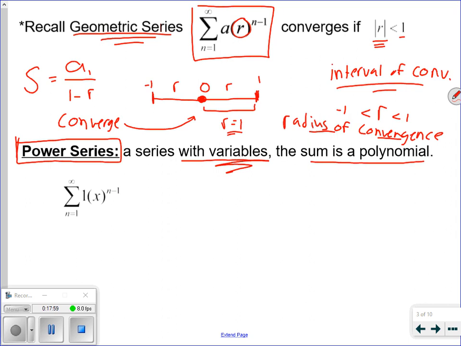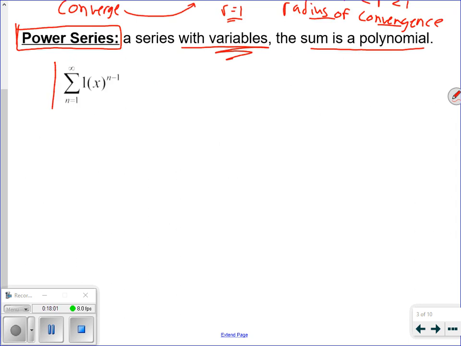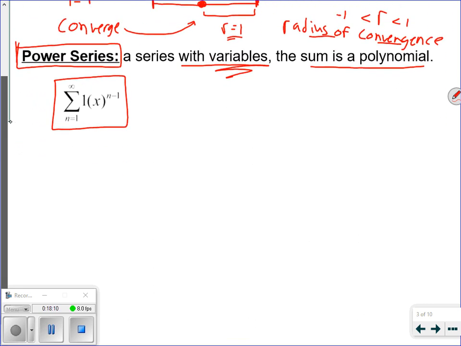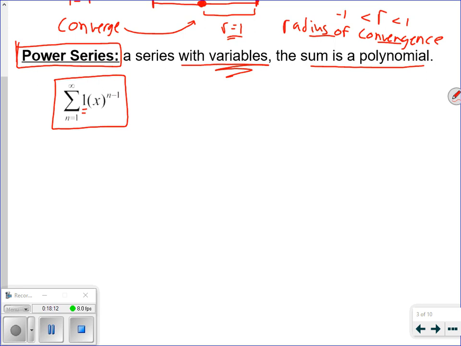Let me show you what I mean. This is a power series. Notice that it is the same exact thing as above. It's just now I let a be a generic 1, and x is a variable, okay? The radius can be multiple r values. It is a function, no longer a set value for r.